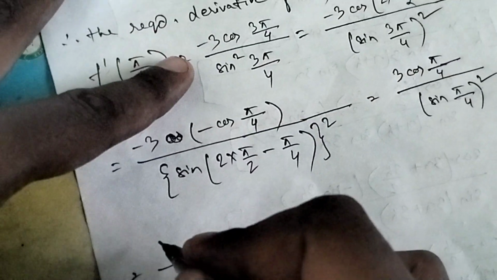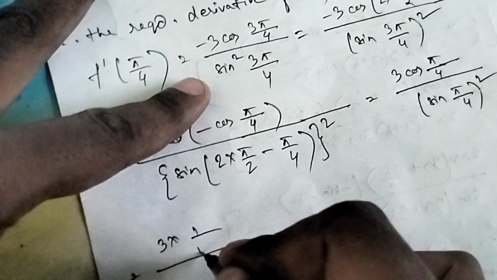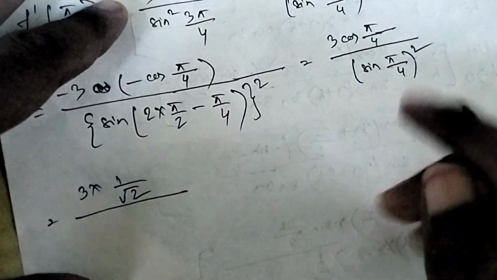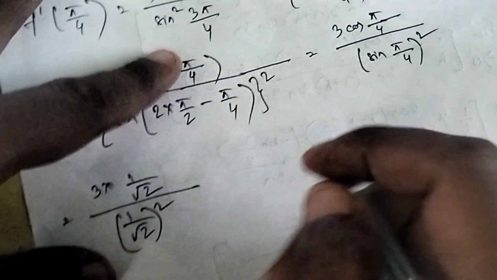So 3 cos pi by 4 means what? 3 into 1 by root 2. Okay, and sine pi by 4 is 1 by root 2 whole square.